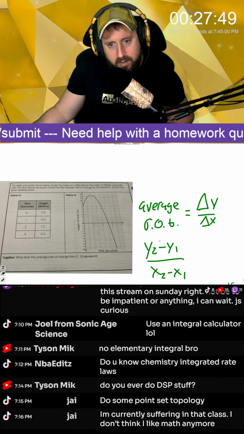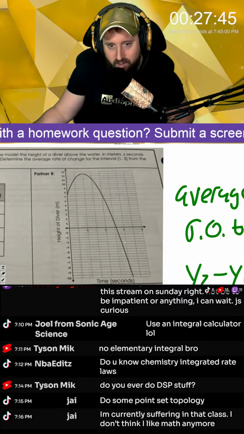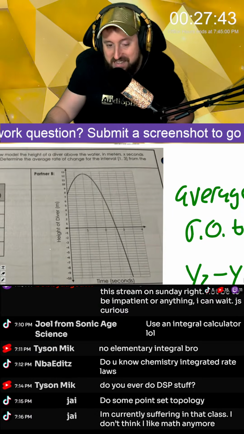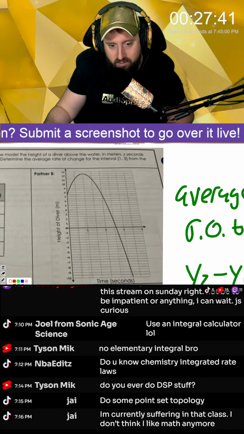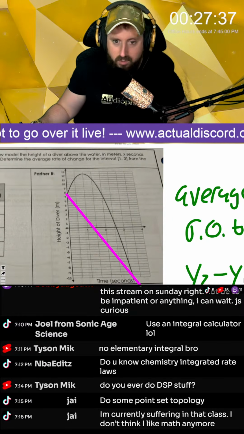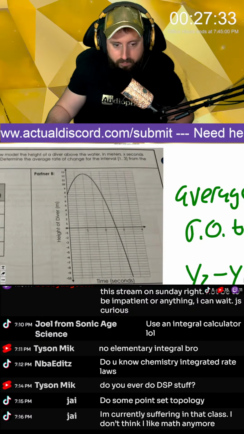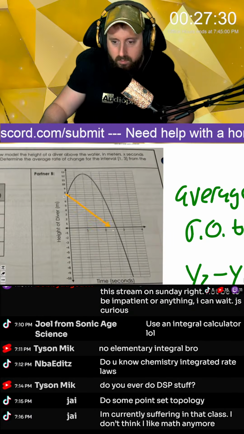Now you can ask, what does that represent? That's representing the secant line, which is different than, for instance, the tangent line, which is the instantaneous rate of change. So, let me use a different color, gold.